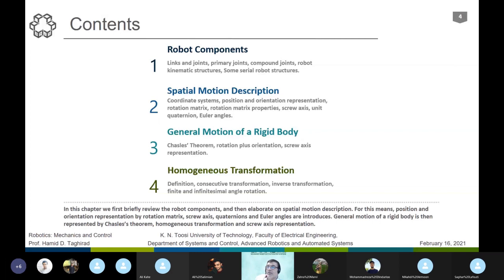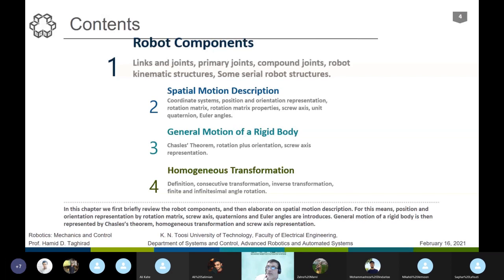Later we will talk about spatial motion description, the coordinate system, different representations for position and orientation, and then a general motion of the rigid body, and finally homogeneous transformation. I hope that we can cover the whole chapter in 2 sessions.